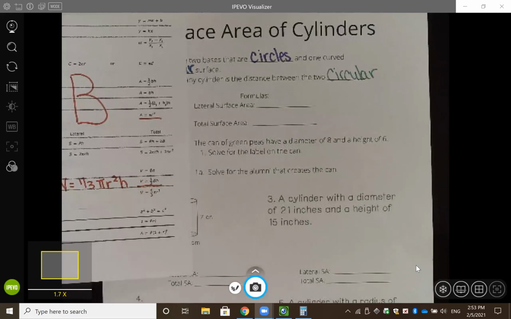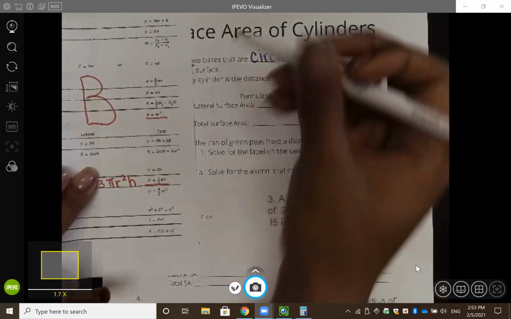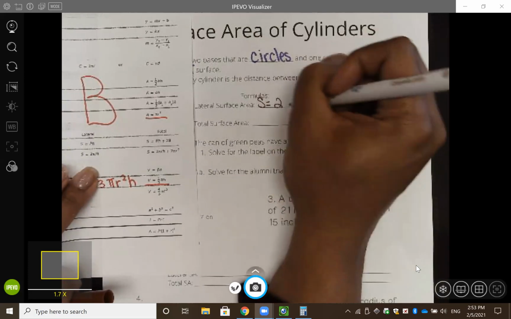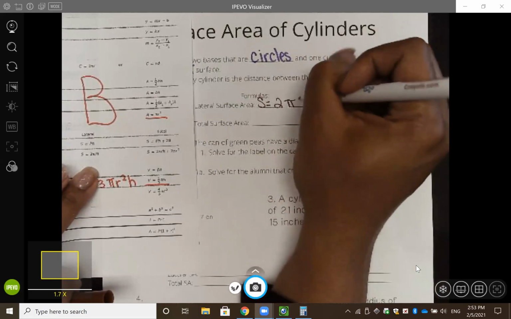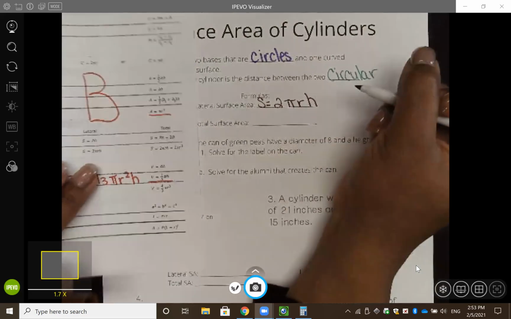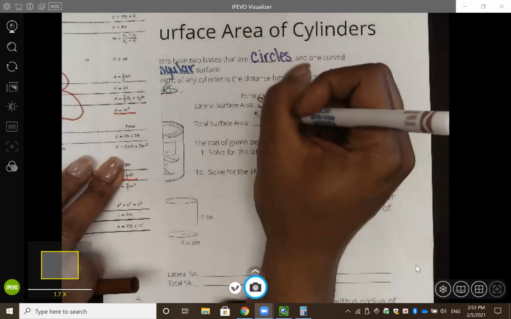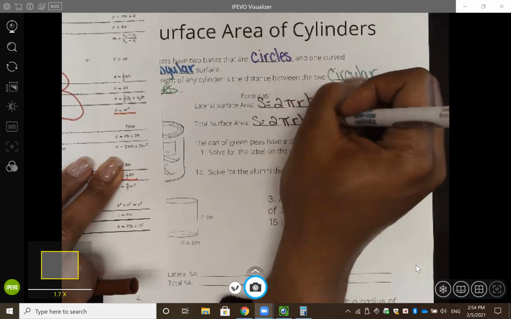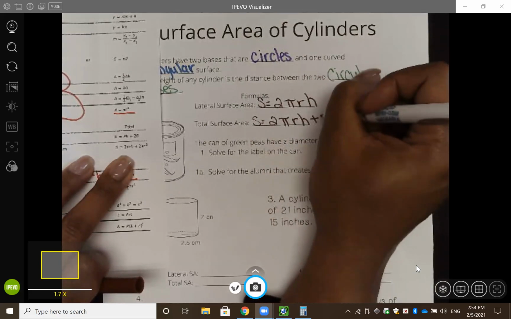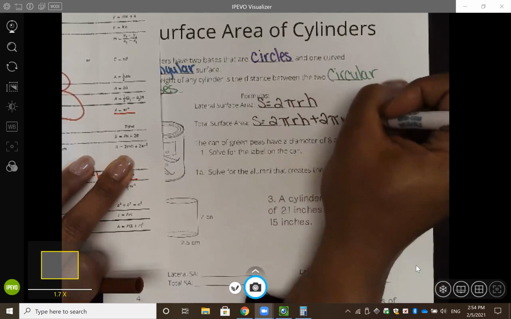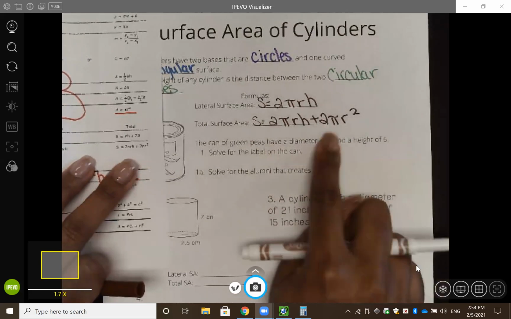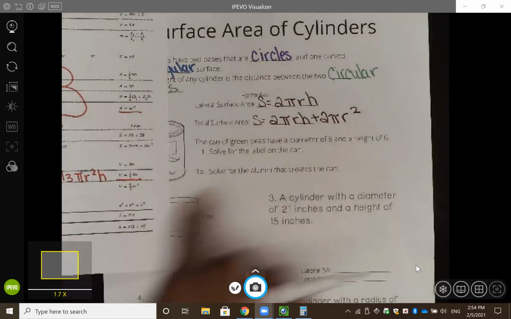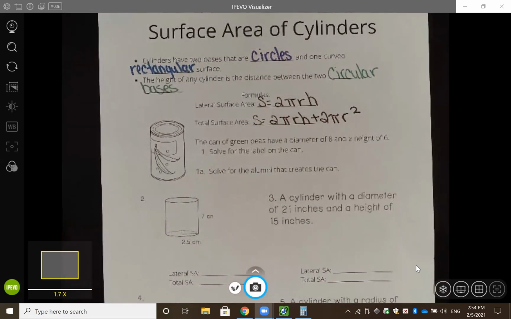For lateral surface area, it is S equals 2 pi radius height. And for total surface area, S equals 2 pi radius height plus 2 pi r squared because you have two bases and they're both circles. And this is your lateral part.